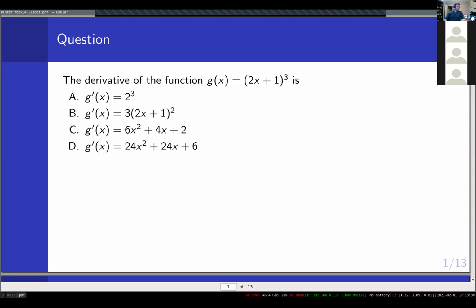All righty. So 10 seconds, try and get those in. Last minute votes in. And done. All right, let's take a look at the results.